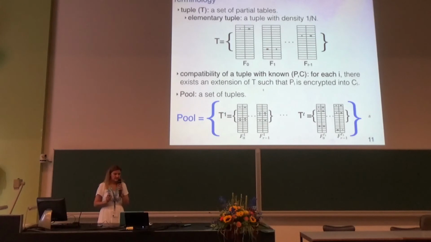I promise I'm done now. The last notation is pool. Basically, it is just a set of tuples. Each tuple consists of R tables, and the pool size could be anything from 1 to n, but each tuple will have R partial tables.